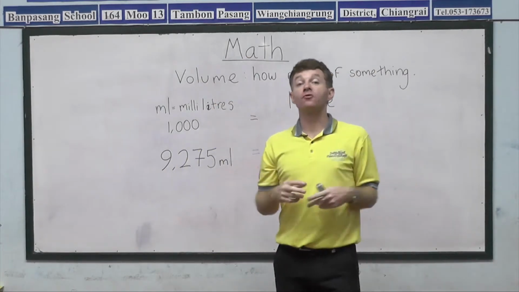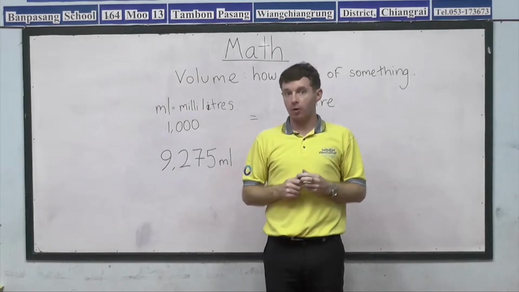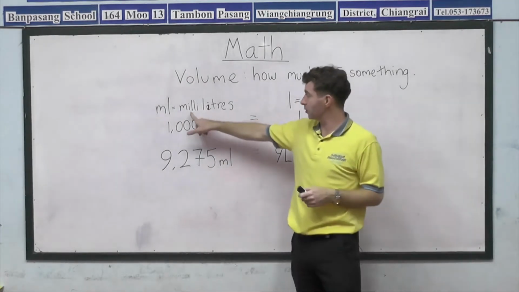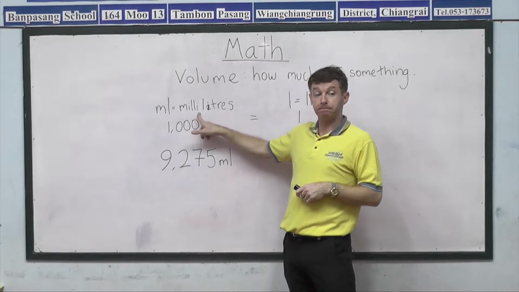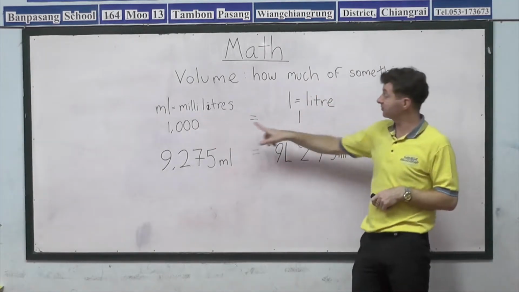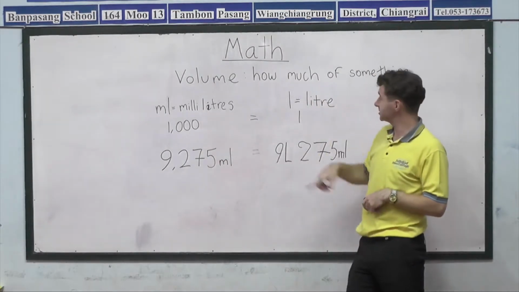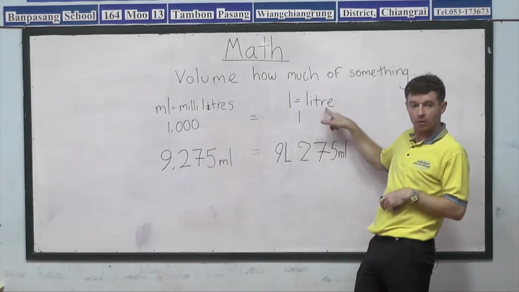So now we're going to move on and look at a bigger unit of volume. So far we've looked at milliliters, liters. 1,000 milliliters equals 1 liter.